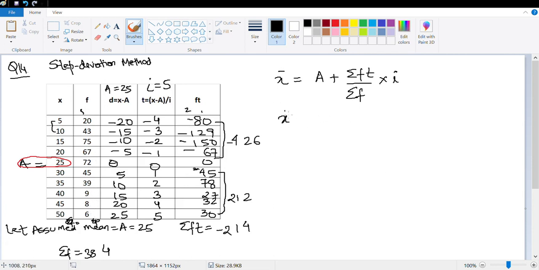Perfect. So mean is equal to assumed mean, in this case 25, plus summation ft is negative 214 upon summation f, which is 384 into 5. I have taken I as 5. Right. So let's see if there's anything common.